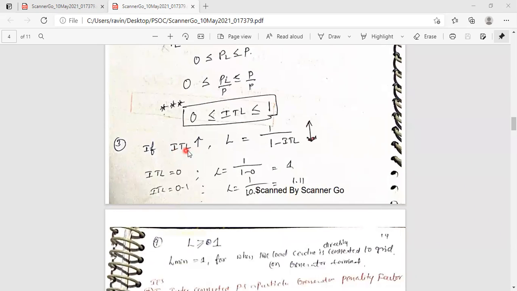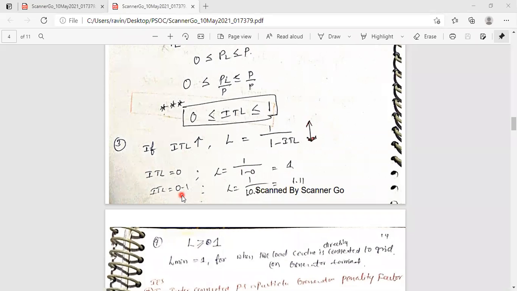See here, if incremental transmission line losses increase, your penalty factor depends on the incremental transmission line loss. Incremental transmission line loss increases means what is the value of the penalty factor? Let us discuss. If you consider incremental transmission line losses as 0, the penalty factor is always 1.